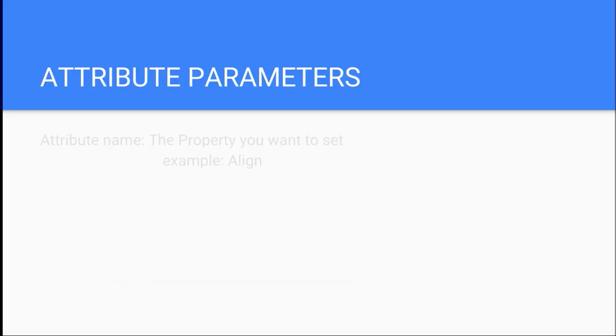And what are the attribute parameters? There are only two kinds. The first one is the attribute name, the property you want to set. For example, if you want to align some content somewhere, alignment is the name of the attribute.